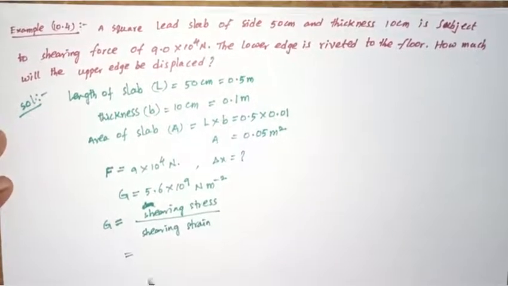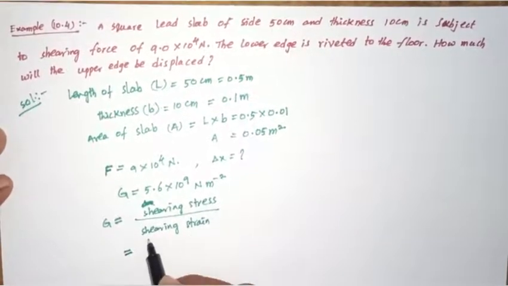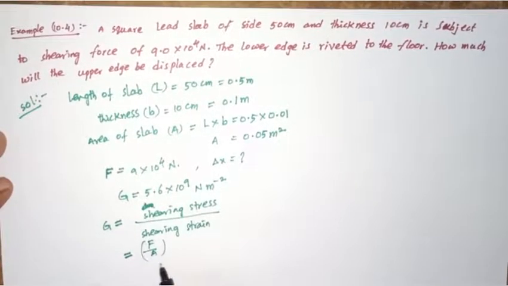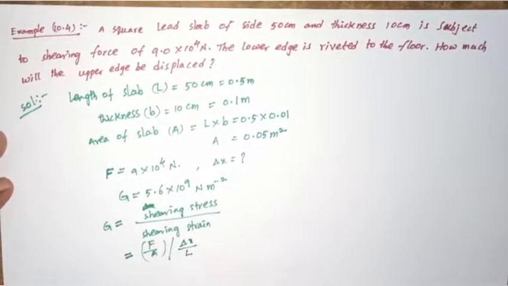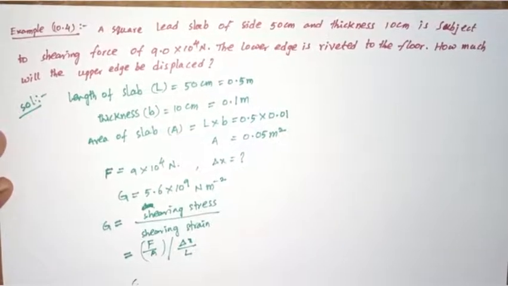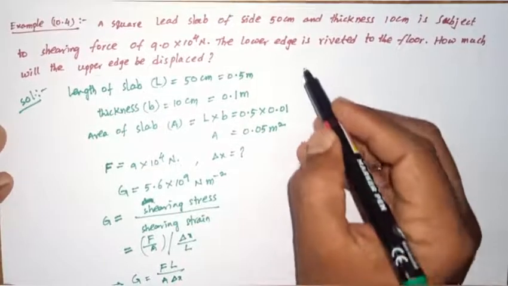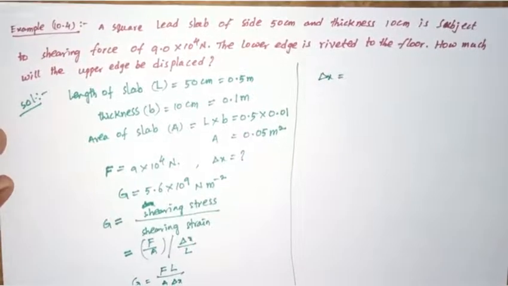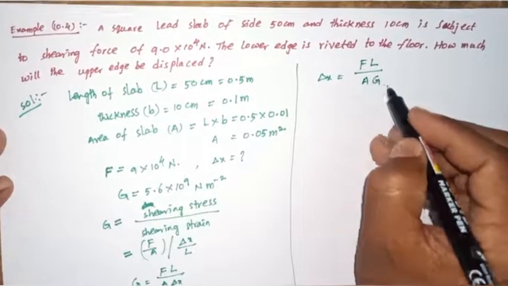Shearing stress is force by area, divided by shearing strain, delta x by L. Okay, G equals FL by A into delta x. So from this equation, delta x equals FL divided by A into G.